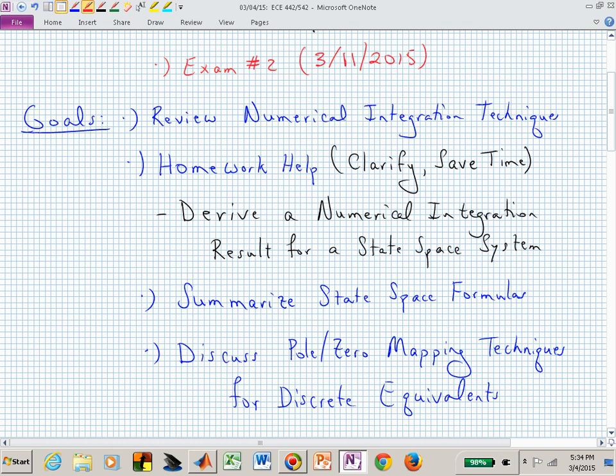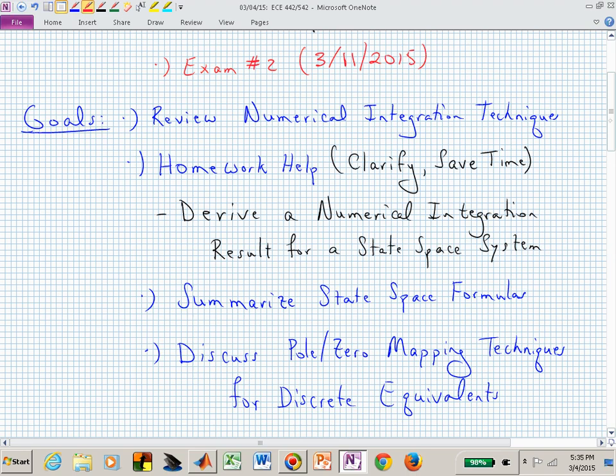And then we'll move into the pole zero mapping technique, which I think is problem number 4 on homework number 4. Depending on how far we get into that, I may provide you with information, notes, and videos that I've captured already or in previous semesters dealing with pole zero mapping, so that you can work on those between now and Monday.